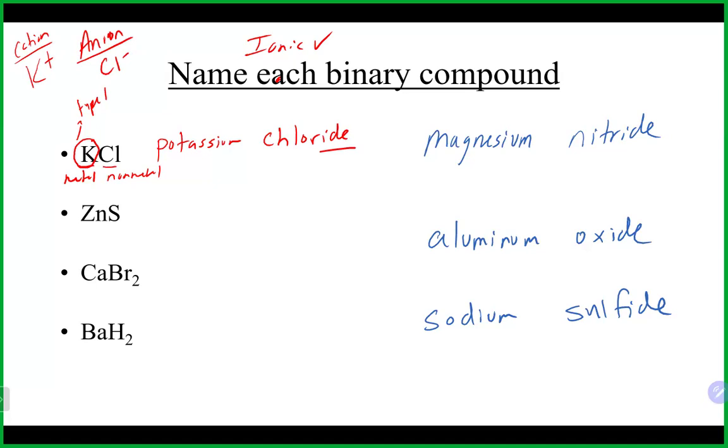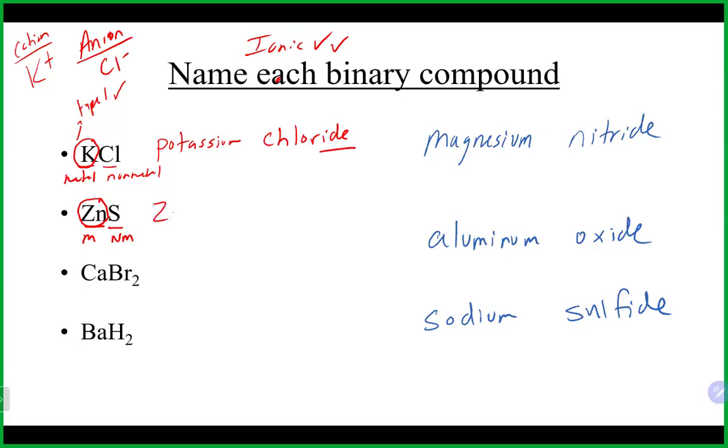Coming to the next one, zinc is a metal. S is a non-metal. So again, that's going to check the ionic box. Since a metal's involved, I'm going to look at zinc. I see zinc is a transition metal, but it is one of those 3 that we talked about that actually has a fixed positive charge. So because of that, it is going to be a type 1 metal. And again, at that point, that is all I need to name this.